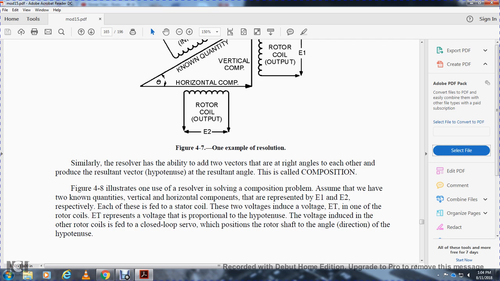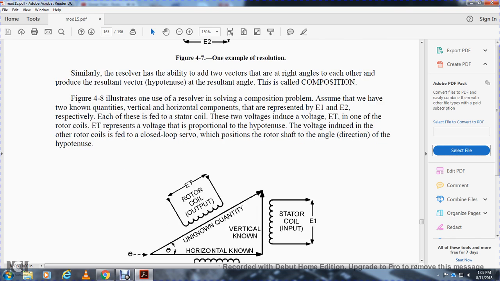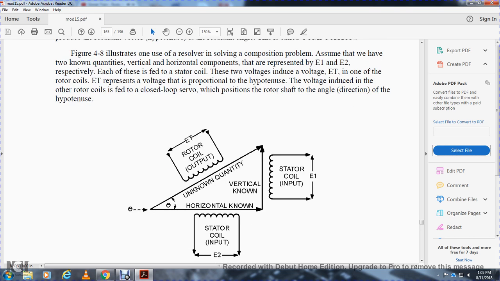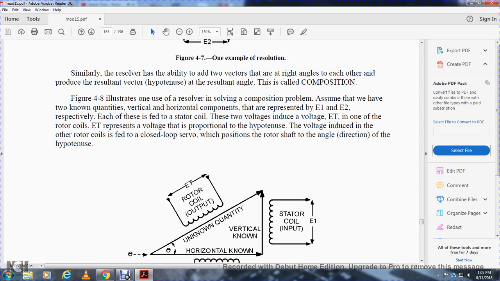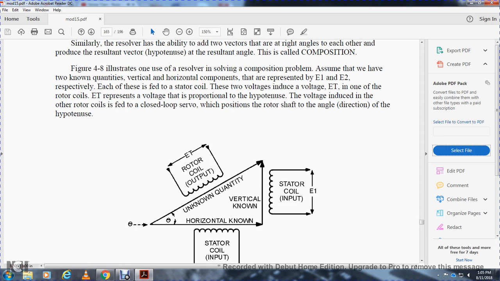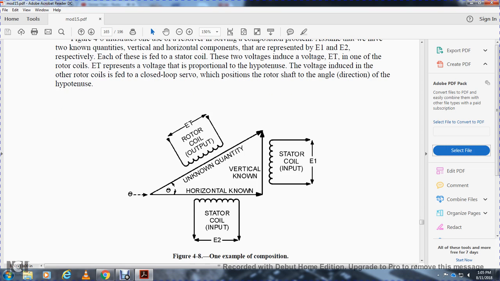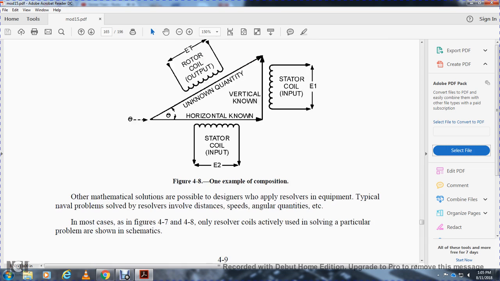A closed loop servo positions the rotor shaft in the direction of the hypotenuse. So for the stator coil input, the vertical known and horizontal known, voltage 1 and voltage 2; for the rotor coil output, the unknown quantity.